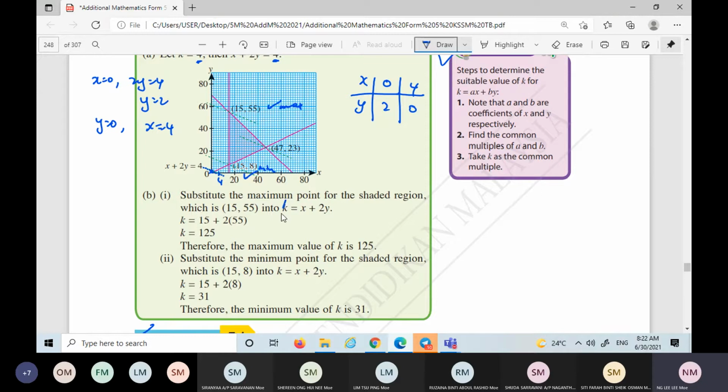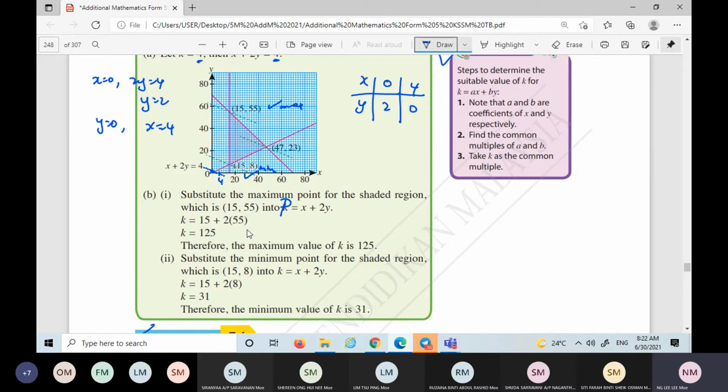I would rather put this as p. So this is a p and this is a p. If not, you will get confused between the p and the k. So the maximum value of p: you just substitute x as 15, y as 55 into these functions. Then you get 125.